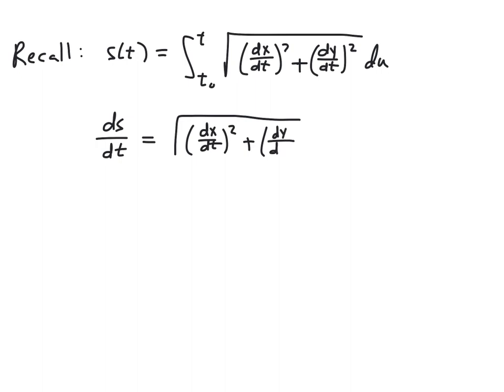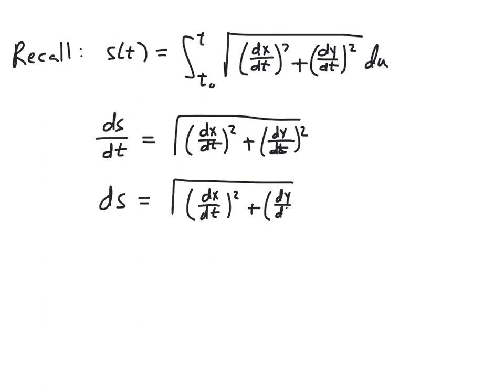So we have the square root of dx dt squared plus dy dt squared. And now thinking of ds dt as a differential, we see that ds is equal to this square root times dt.